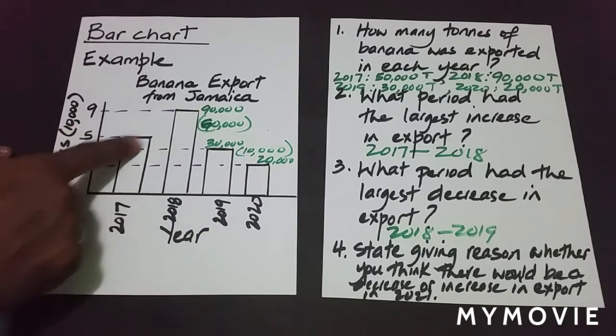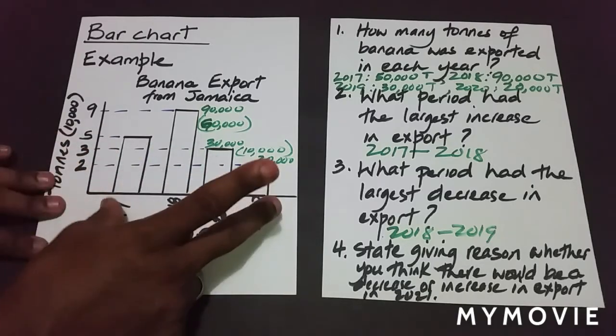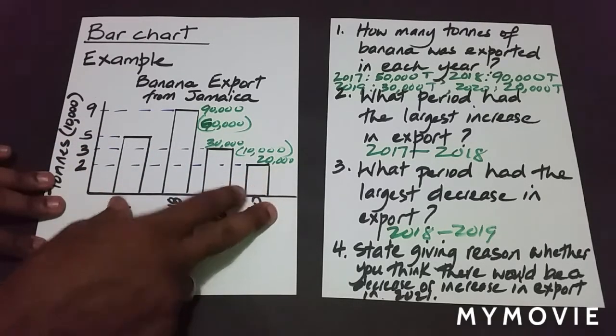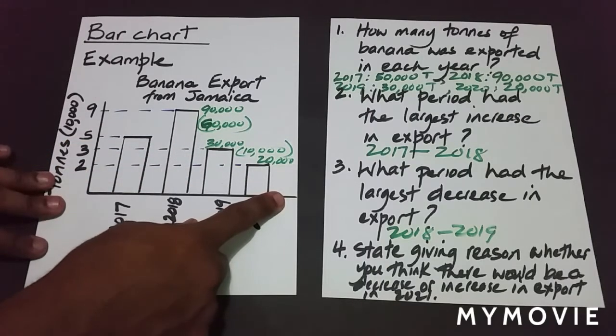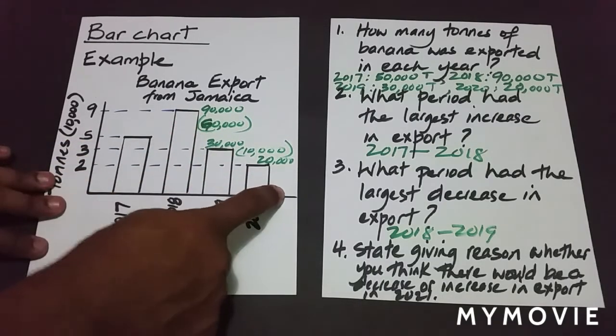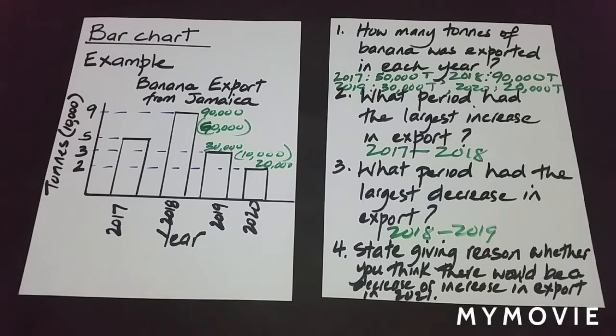The 2017 to 2018 period would have been the only increase. So when I'm looking at the diagram holistically, I'm seeing more of a decrease throughout the periods, right? And I would not be anticipating any sort of increase in 2021, to be honest.